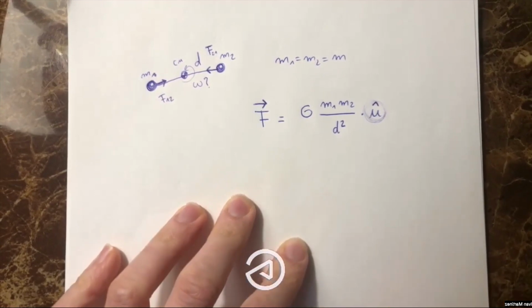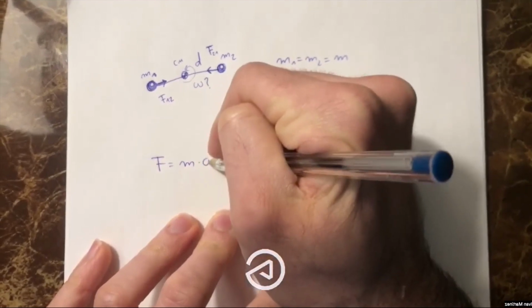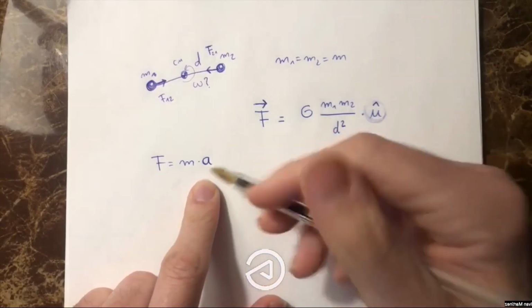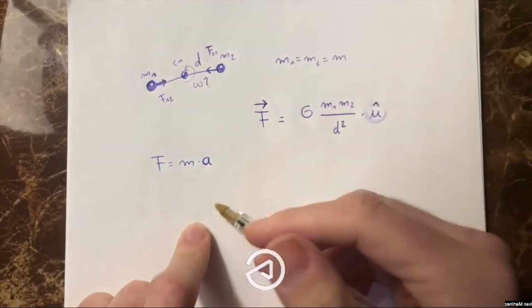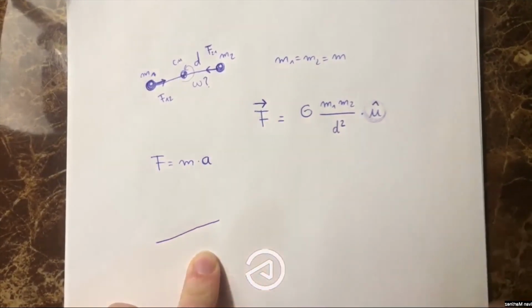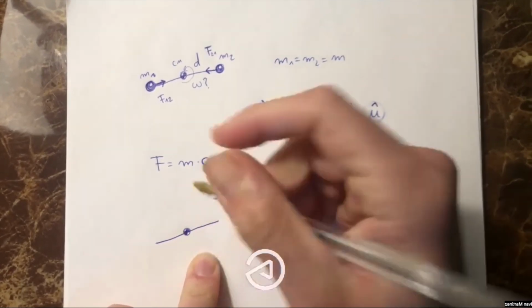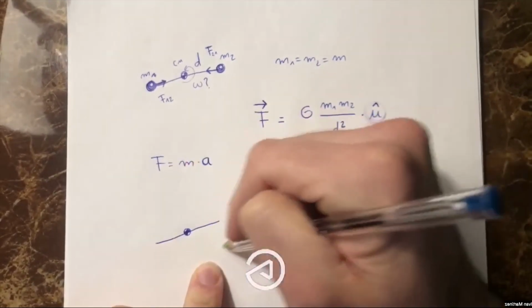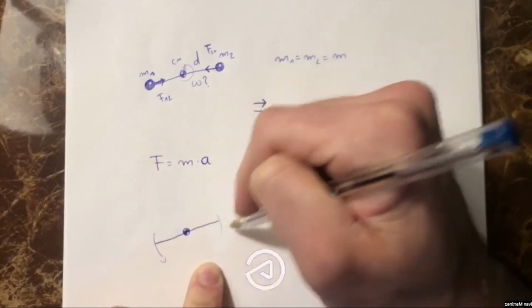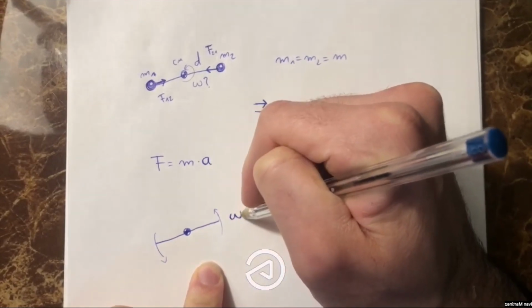What else? We know Newton, right? F equals ma. But what is ma? If I drew just the line with the center of mass, we have some acceleration and the angular velocity.